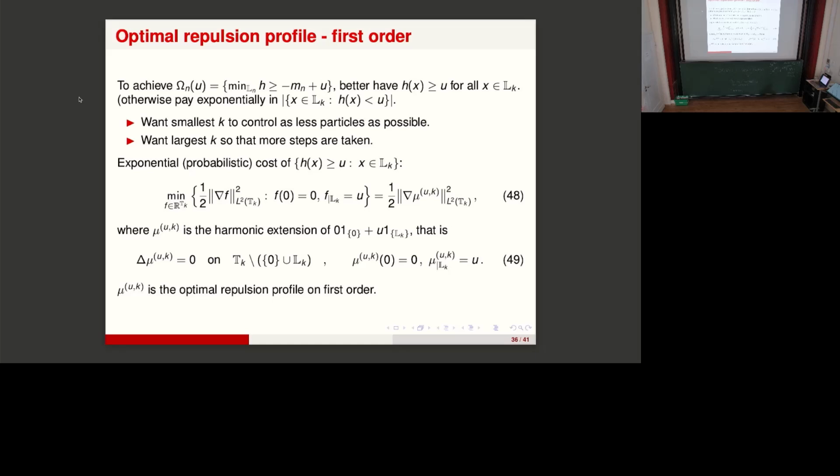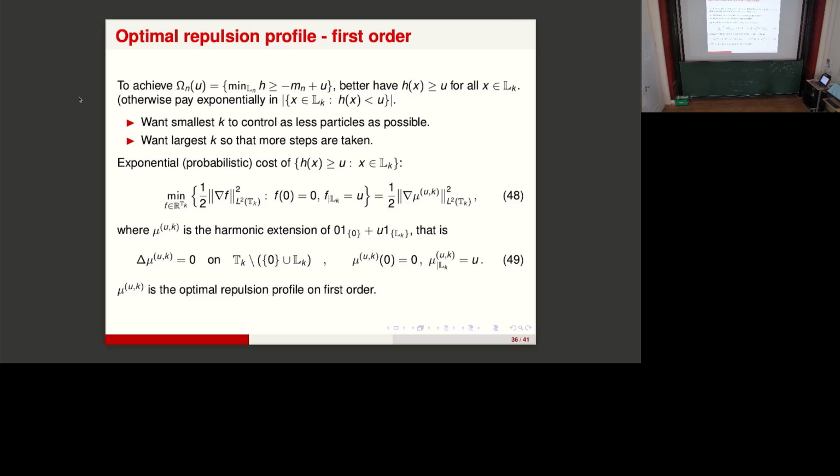Again, we want to understand this right tail event of the minimum. So you start to think, how do I realize this event? How do I make the minimum larger by u?